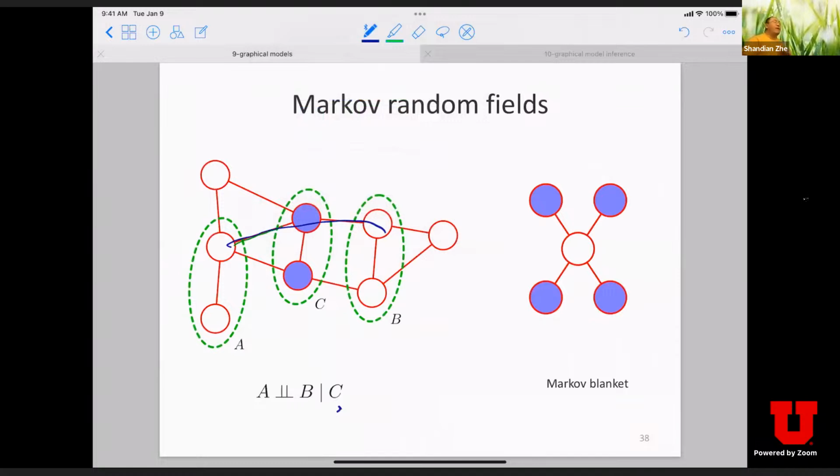If on every path you can observe at least one shaded node, then that path is blocked. You don't need to pay attention to whether it's tail to tail, head to tail, or head to head. And if all the paths are blocked by the shaded nodes, then the conditional independence holds.